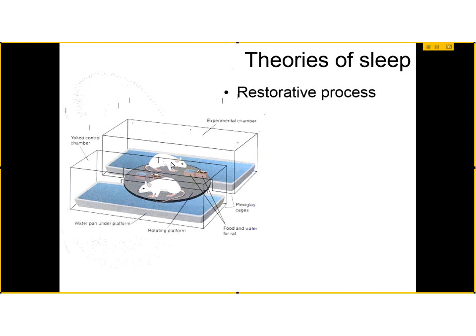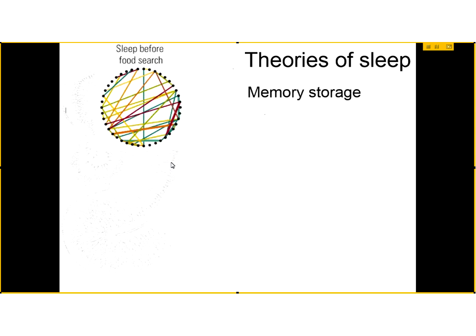Now, what kinds of functions would constitute this restorative kind of function? One thing that people have gotten pretty interested in is this idea that maybe it plays a role in formation of memories or memory storage. In one study, they were able to record from neurons within the brains of rats as they were sleeping.